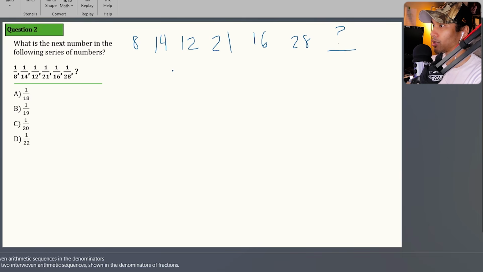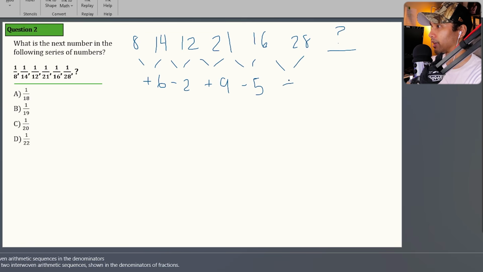And then what are the transitions, right? 8 to 14, what is that? +6. 14 to 12, that's -2. 12 to 21, that's +9. And I'm seeing here like this isn't working out, right? There's nothing really going on here. 21 to 16, that's -5. And then here it's +12.